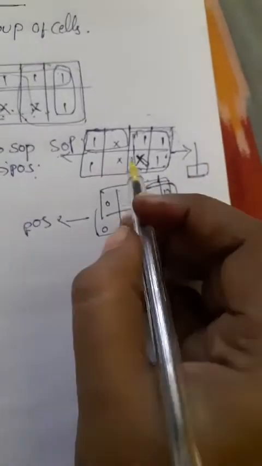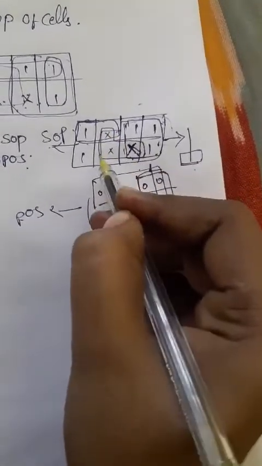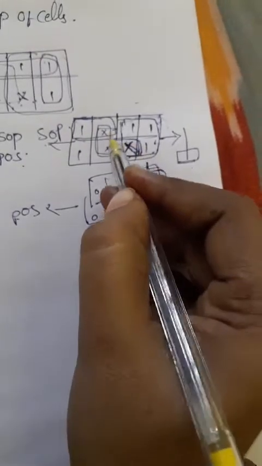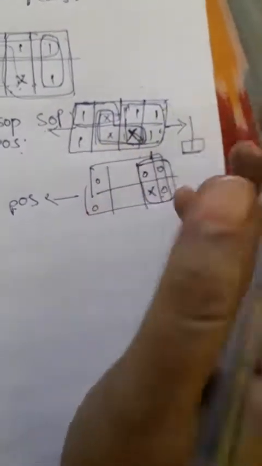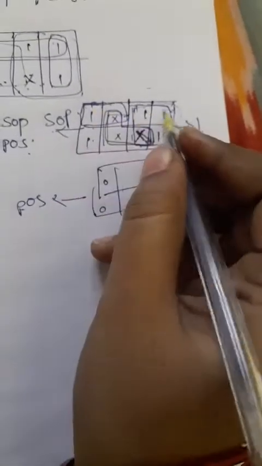But if you want to convert that expression into POS, whatever missing terms we have in the K-map, you can place them as maxterms in the place of minterms. Here 1 1 1 1, these are all minterm cells, so the 3 missing cells you can directly place as maxterms. Maxterms are nothing but zeros.